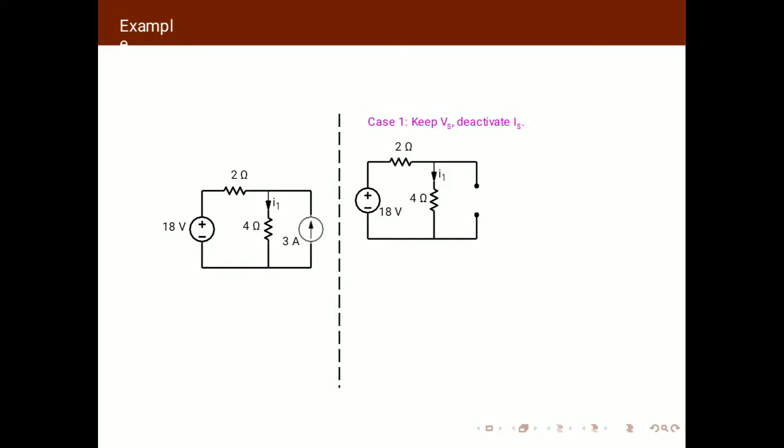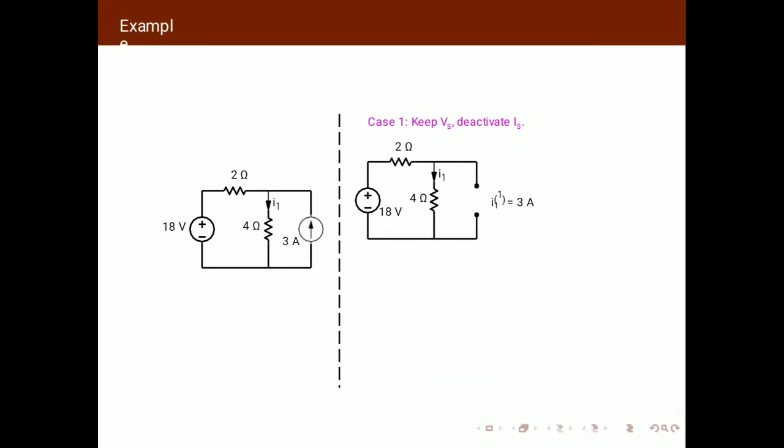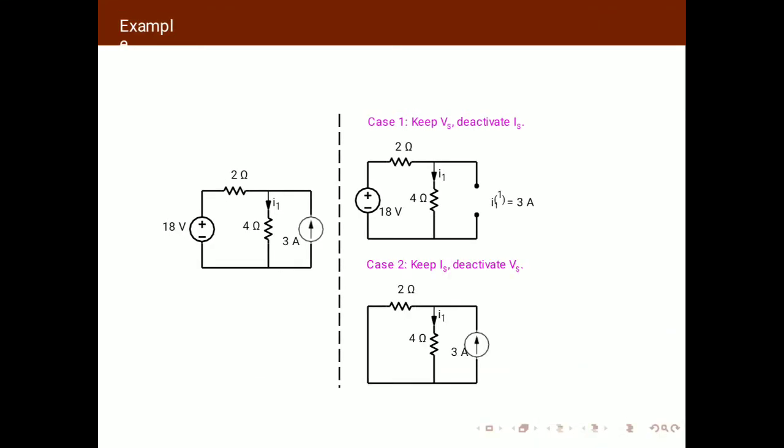Here, 18 volts is applied across the 2 ohms and 4 ohms, that is 18 by 6, which gives the current I1 equal to 3 amps. We take this as I1 dash: case 1 is taken as I1 dash and case 2 as I1 double dash.